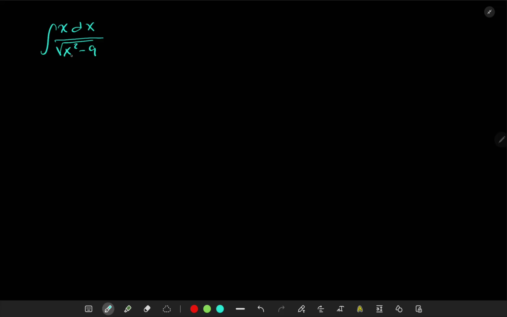Well, this one, notice, don't forget your other techniques of integration, because this one would just be a u equals x squared minus 9, because du would be 2x dx, and then you notice that you have your x dx there, and then this you didn't have to do anything really, because that's going to be your square root of u, and then you're going to have a 1/2 of the du. This is a straight up u substitution.